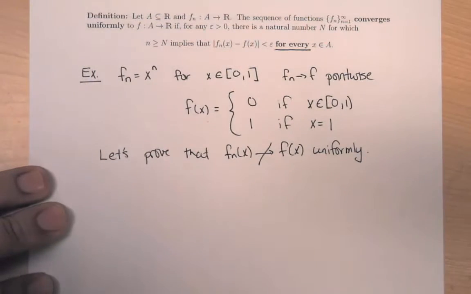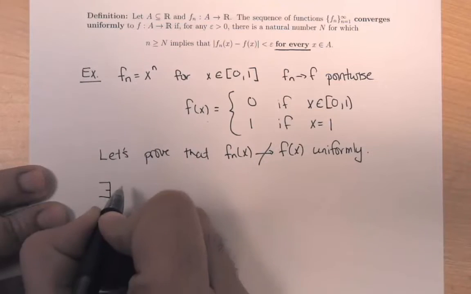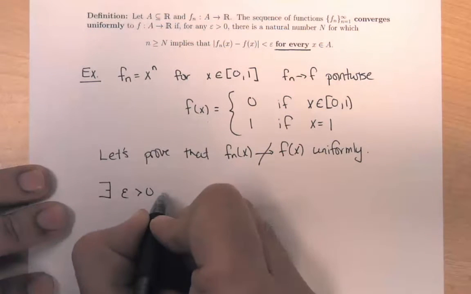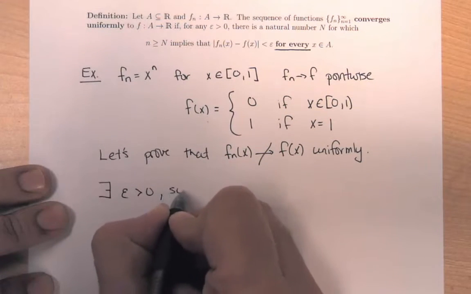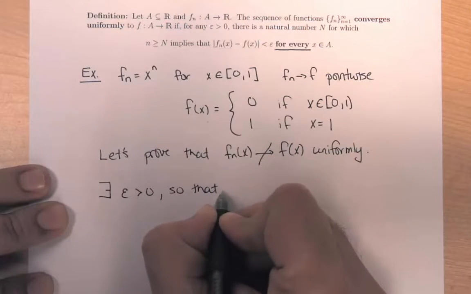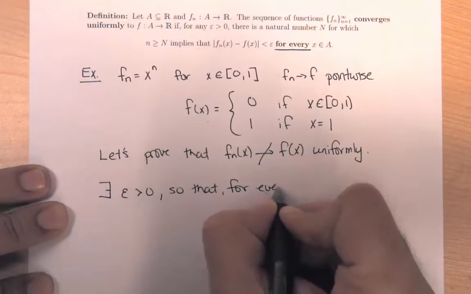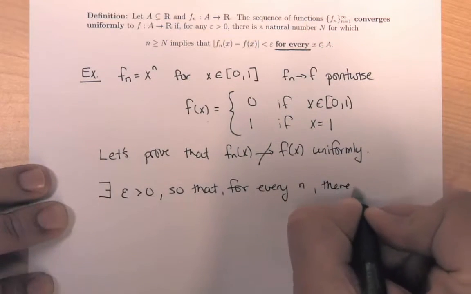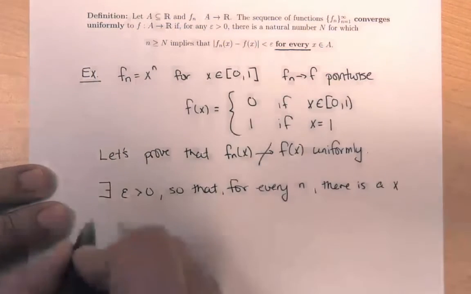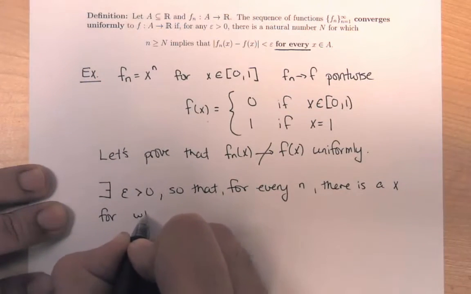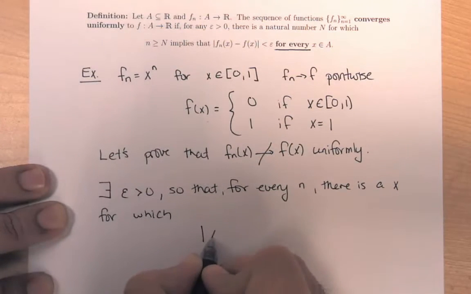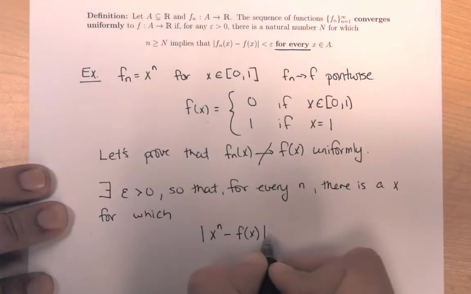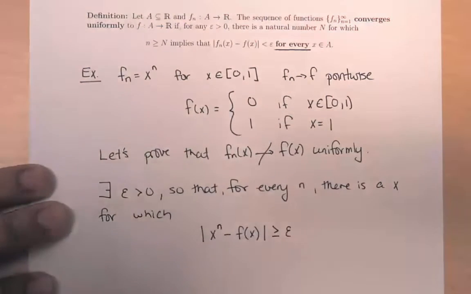To negate the definition, we would have to show there exists an epsilon greater than 0 so that for every n, there is an x for which the absolute value of x to the n minus f of x is greater than or equal to epsilon.